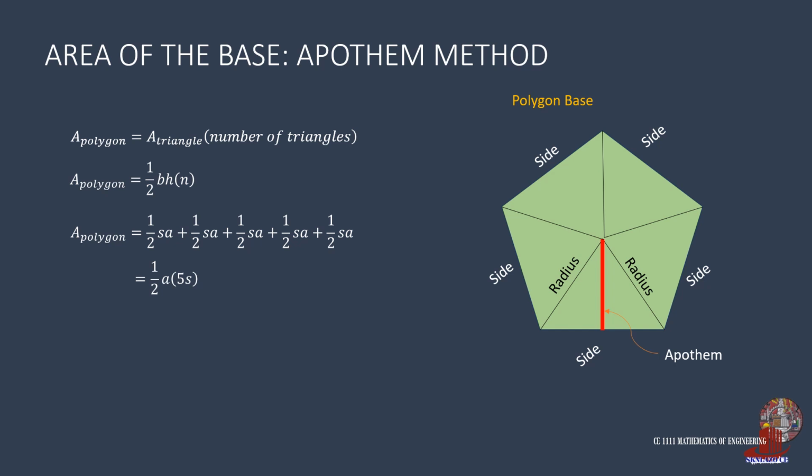If we extract half of A, we have 5 of S, which is basically the perimeter of the pentagon, denoted as P. So the area of the polygon is half of the apothem times the perimeter.